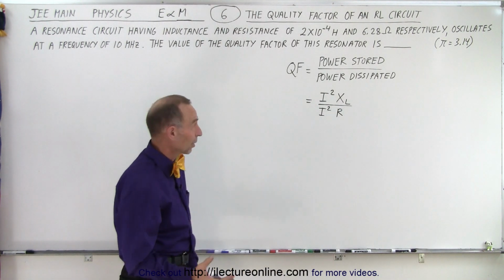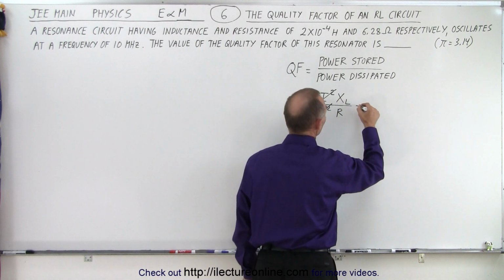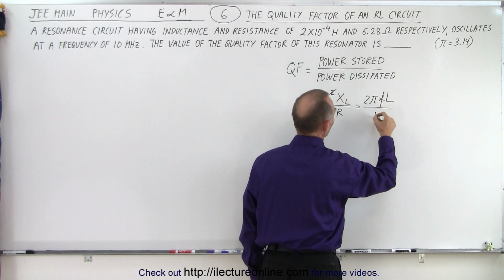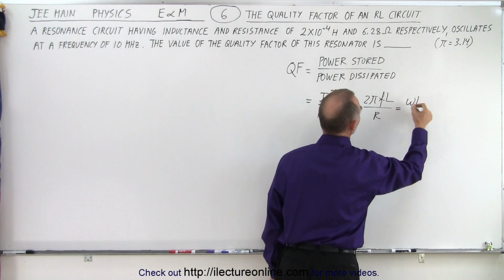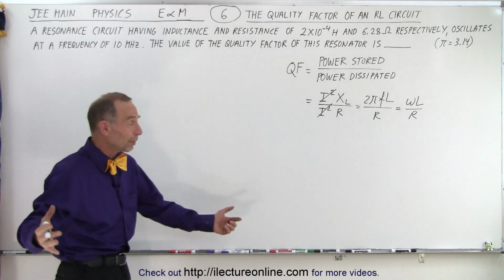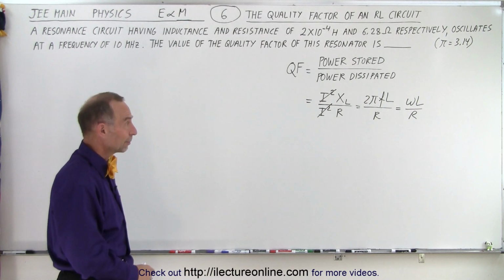And of course, I squared cancels out. We end up with X_L over R, which is equal to 2 pi f L over R, or omega L over R, however you want to write the equation. So that's what the quality factor is. If you don't know that, obviously you can't solve the problem.